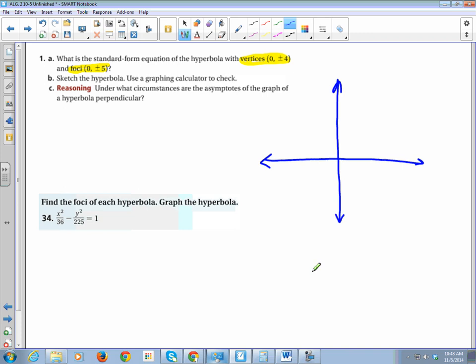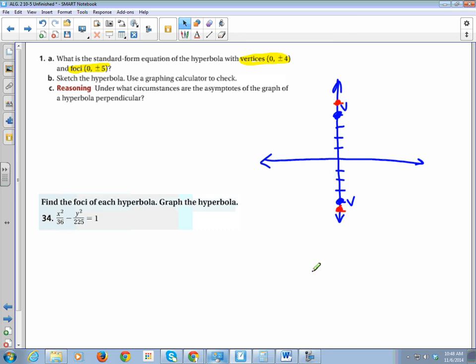So the vertices are at (0, -4) and (0, 4), these two right here. And the foci are at (0, plus or minus 5), just right here, right here.